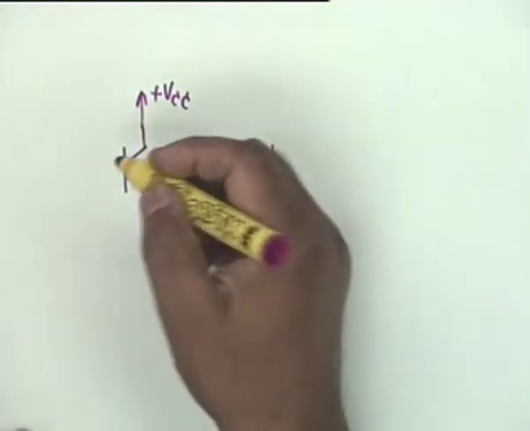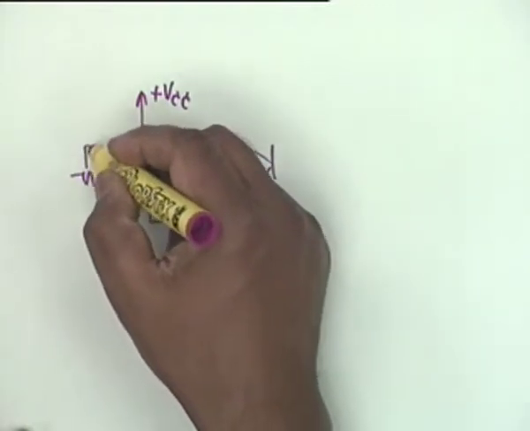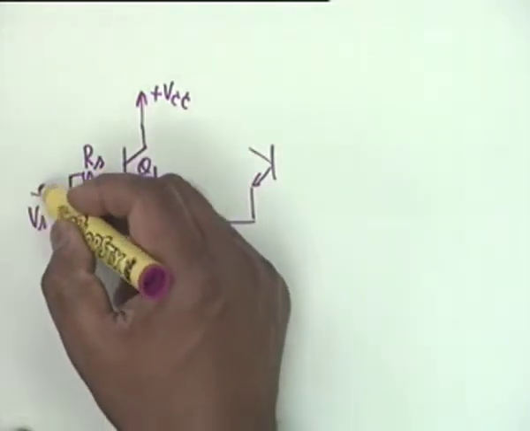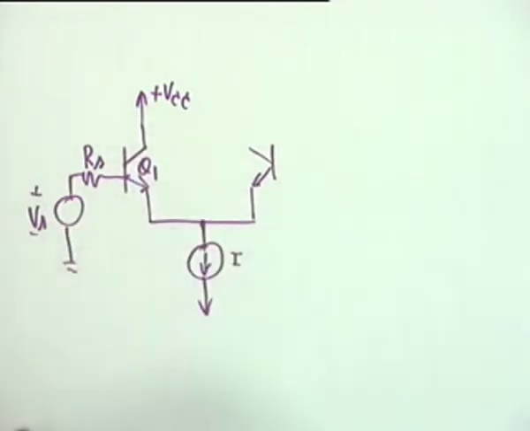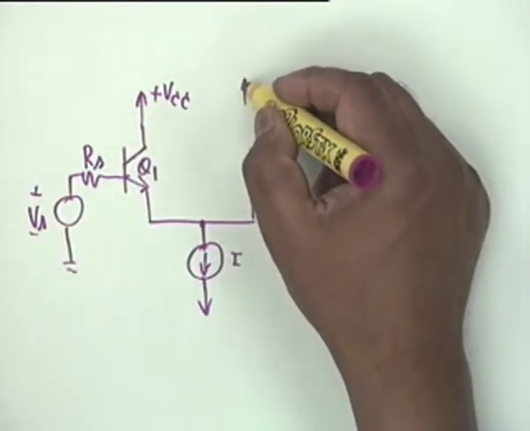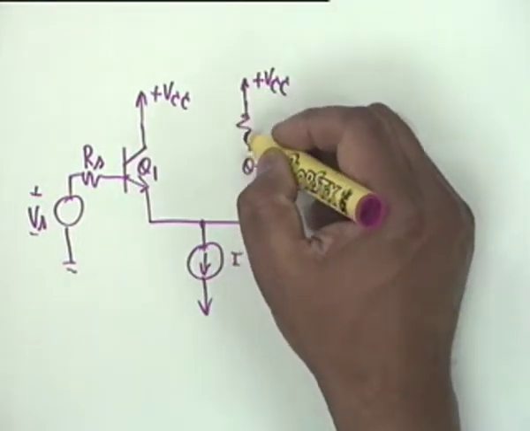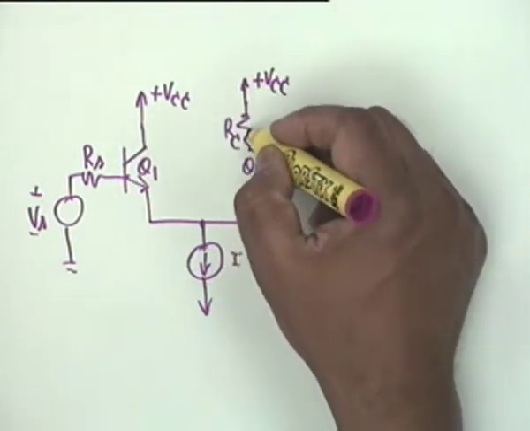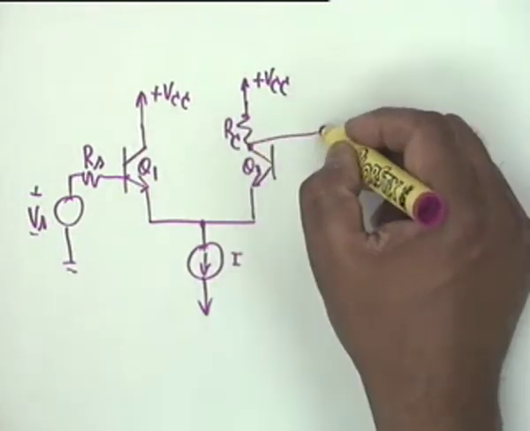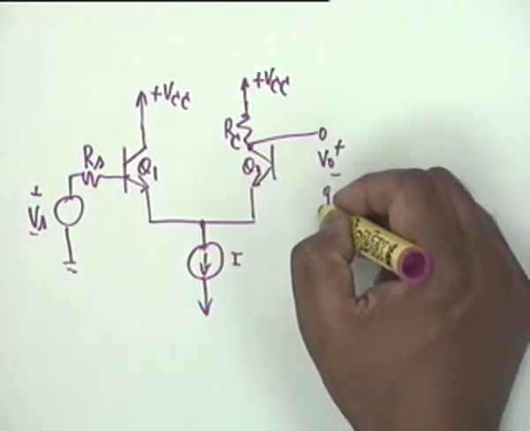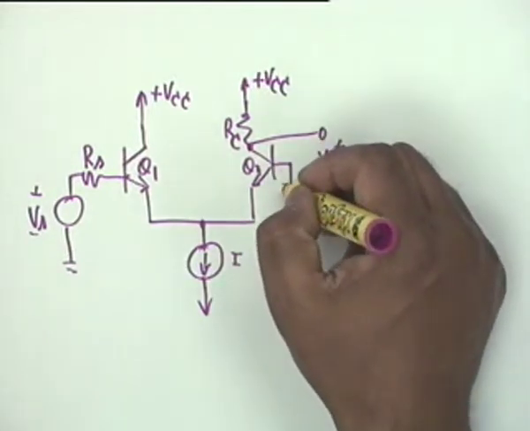The input VS with RS is applied to Q1, and the output is taken from Q2. The load is R sub C, and this is the output V0. The Q2 base is grounded.